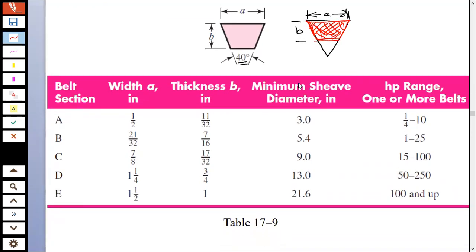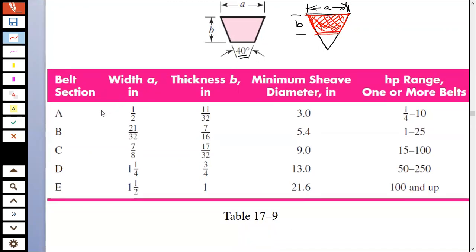As far as V belts are concerned, they are manufactured, and you will select from them when you design. So in V belts there are different belt sections. For example, section A will have a width A and thickness 11 by 32.